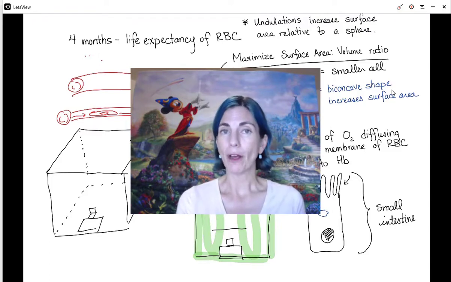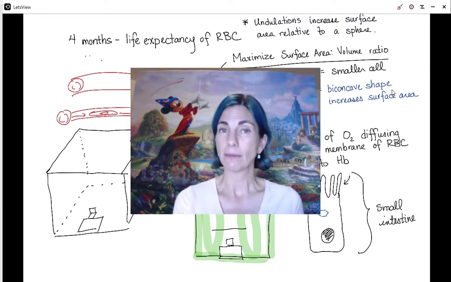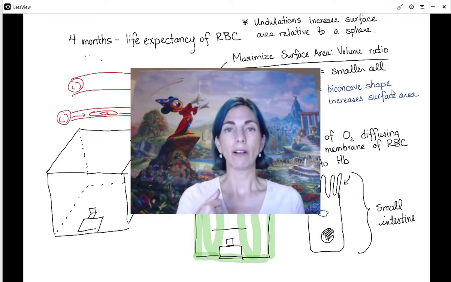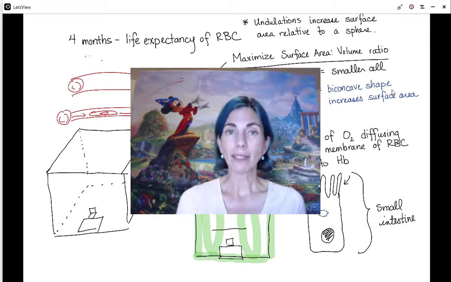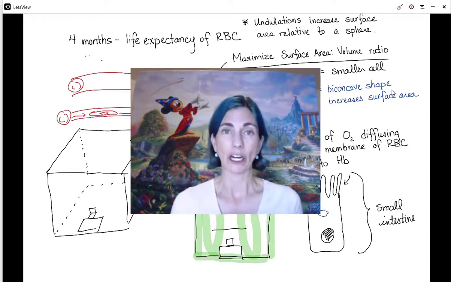Remember, aerobic respiration is really how you get most of your ATP, right? And aerobic respiration can be broken down into some stages. We have glycolysis, we have the citric acid cycle, and we have oxidative phosphorylation. The last two occur in the mitochondria, especially oxidative phosphorylation, which is your big ATP maker. It's your big money maker.